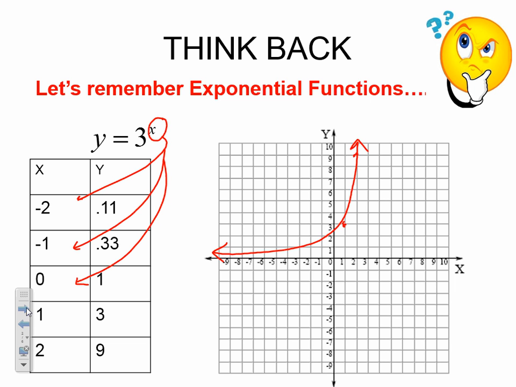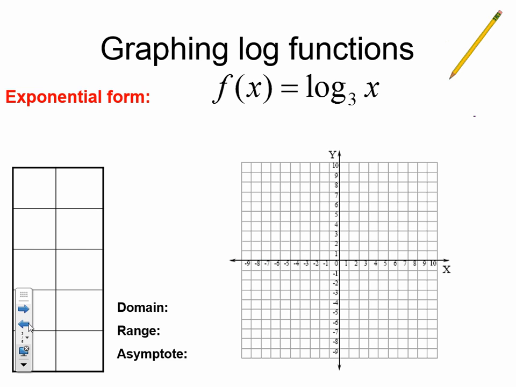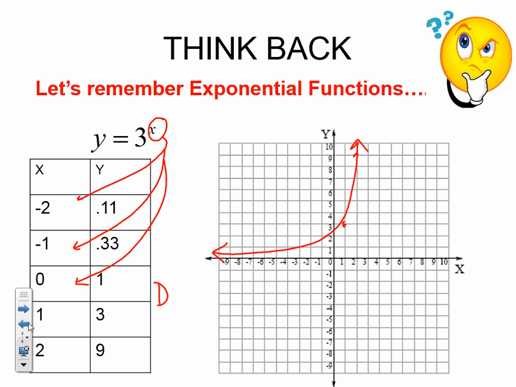And remember, key parts of this graph included domain, range, and asymptotes. Remember how we would find those? Domain is all reals. Okay, the range, what are the y values doing? And remember that all came from us identifying an asymptote here. The asymptote is that leveling off spot right here, this line that the graph gets really, really close to, but never truly touches.